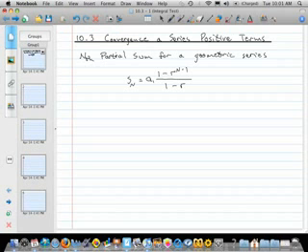Just because it's a geometric series doesn't mean that it's going to converge, but if the absolute value of r is less than 1, then it did converge.